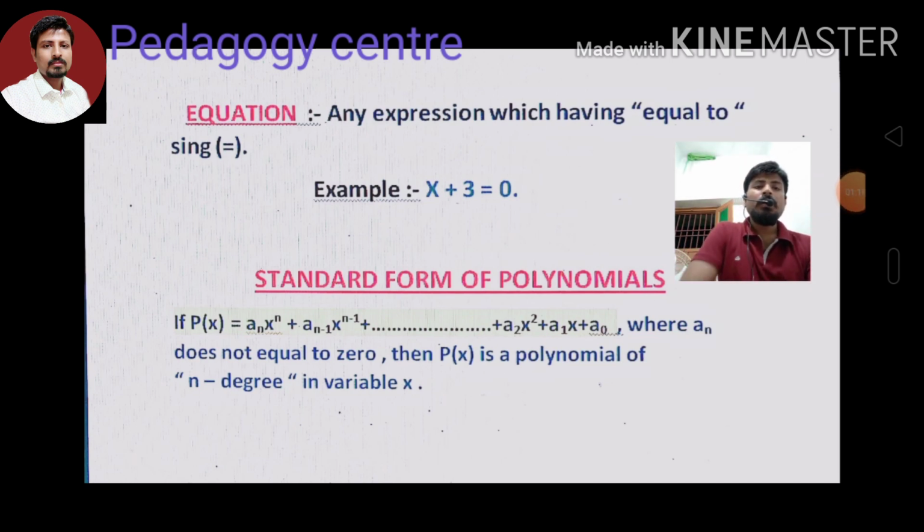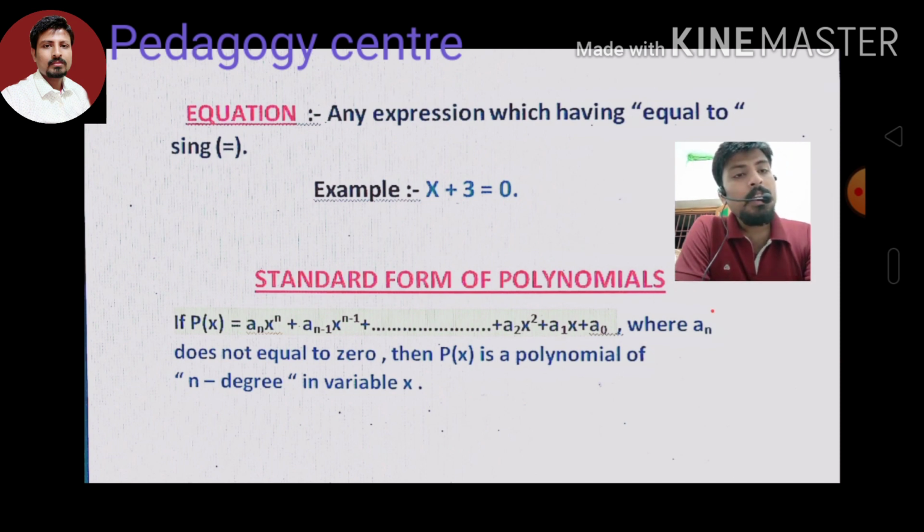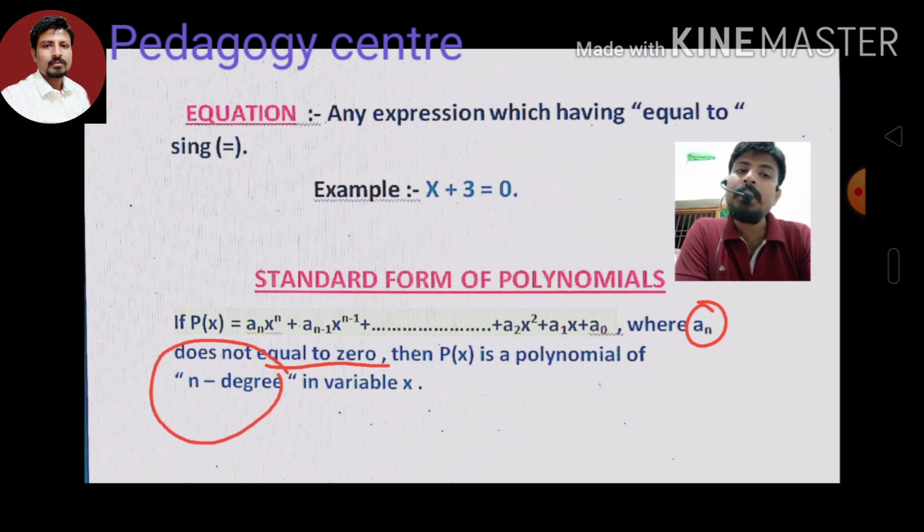Now, the standard form of polynomials. If p of x equals a n into x to the power n plus a n minus 1 into x to the power n minus 1 plus a n minus 2 into x to the power n minus 2 plus dot dot dot plus a 2 into x squared plus a 1 into x plus a naught, where a n does not equal 0, then p of x is a polynomial of degree n in variable x.